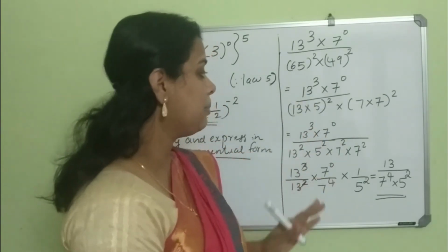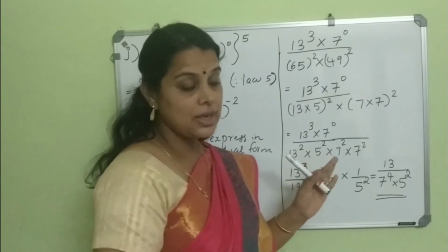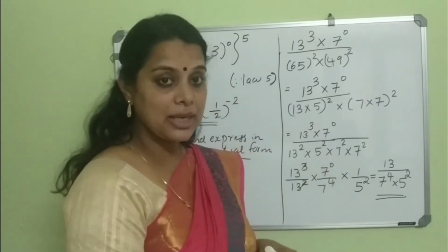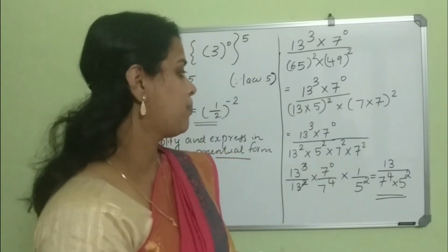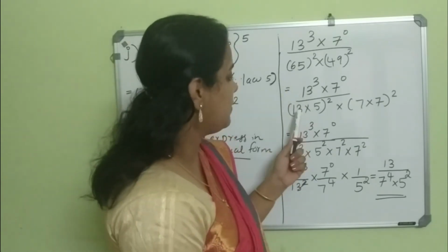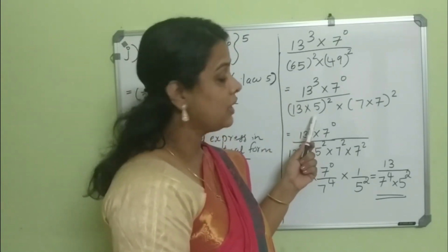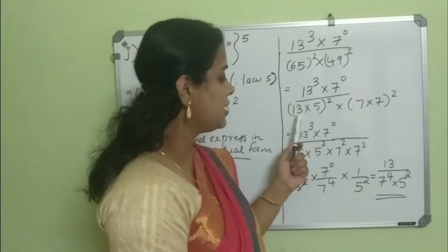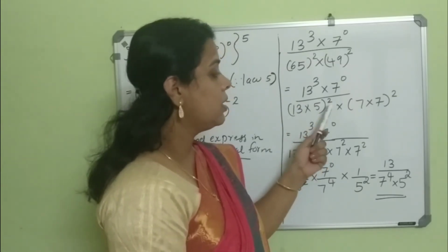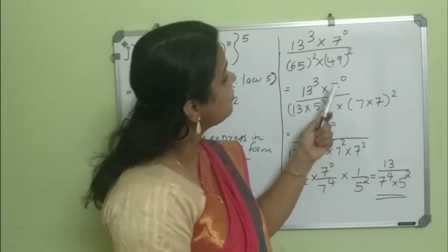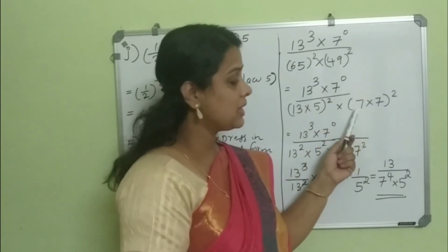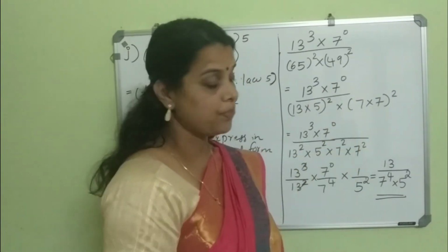We need to split the number, find the factors, then group them, then we can make the simplest exponential form. See, 65, we can write 13 into 5. So 65 we are changing here, 13 into 5 raised to 2, and 49 we can write 7 into 7, 7 into 7 raised to 2.